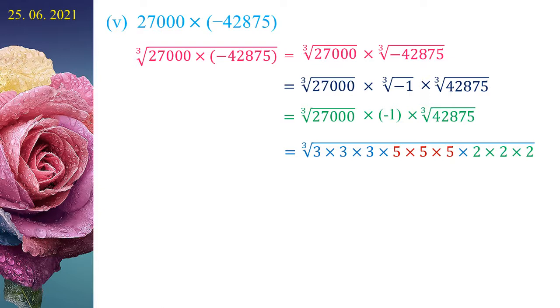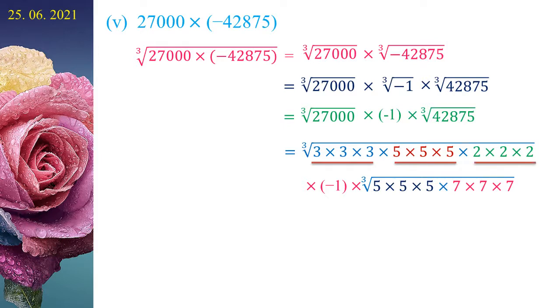The prime factors of 27,000 are 3 into 3 into 3 into 5 into 5 into 5 into 2 into 2 into 2, and the prime factors of 42,875 are 5 into 5 into 5 into 7 into 7 into 7. Then make triples of similar factors and take one factor from each triple.